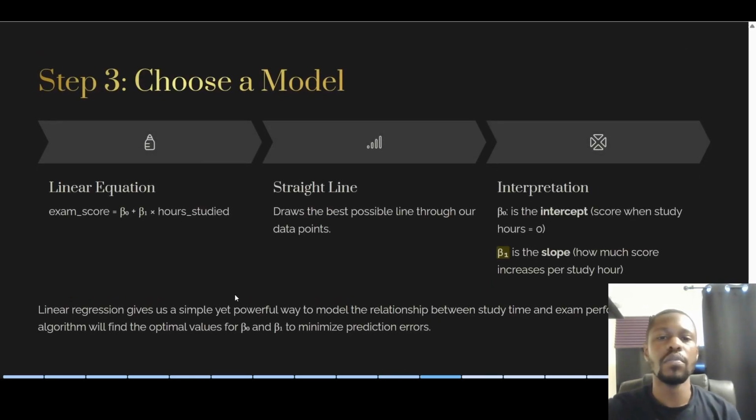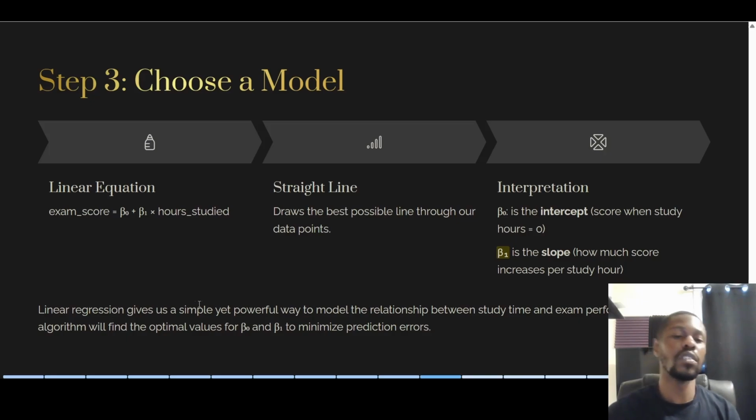So step 3, we need to choose a model. Linear equation: exam score equals intercept plus slope times hours studied. We'll use a straight line which will draw the best possible line through our data points, and the interpretation is the intercept, so this is the score when the study hours equals 0, and this symbol represents the slope, so how much the score increases per study hour.